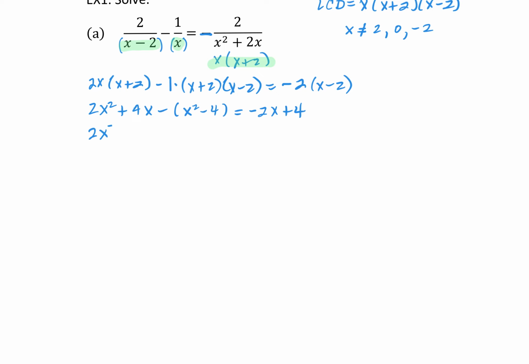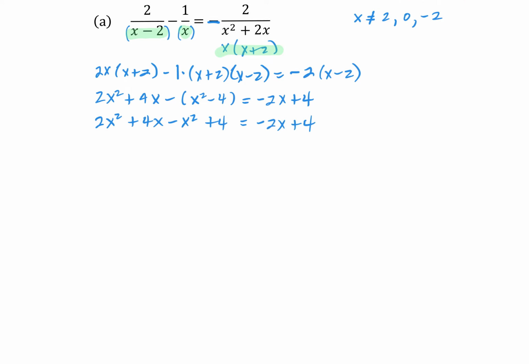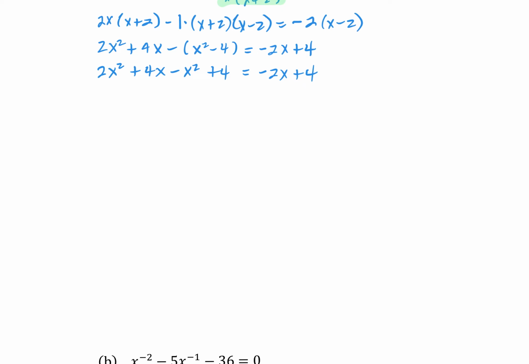I get 2x squared plus 4x minus x squared plus 4 equal to negative 2x plus 4. And then on the left, that becomes x squared plus 4x plus 4. And on the right, the minus 2x plus 4.